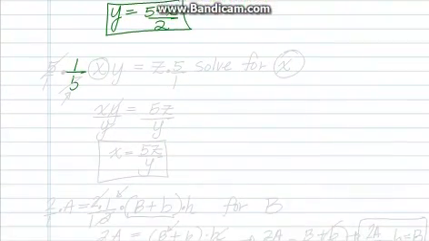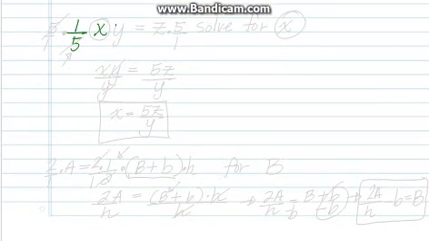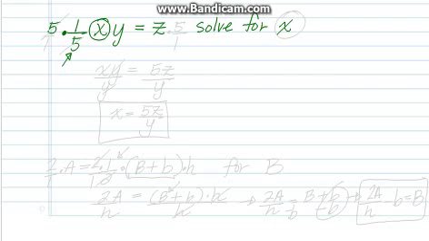Next I have 1/5 xy is equal to z, and this time we're going to solve for x. So we're trying to get this x alone. Right when I see the fraction, I want to get rid of that, and so if I want 1/5 to go away, what we've seen before is that you can multiply by 5, or even 5 over 1, and if you do it on one side of the equation, you want to make sure you do it to the right side as well.